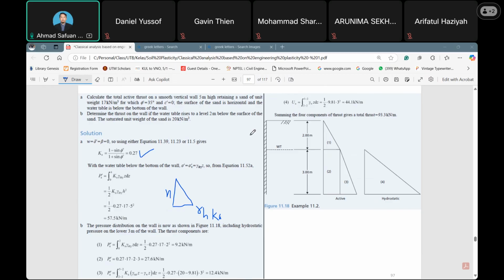Then I will show one or two more examples based on the derivation or the equations for the slope, the angle, and also the rough wall. Then we will continue in the next lecture, starting from the column theory until we complete it.